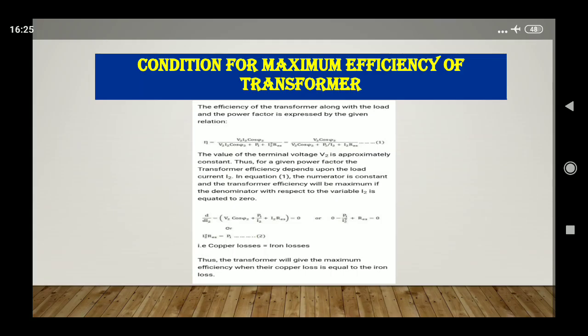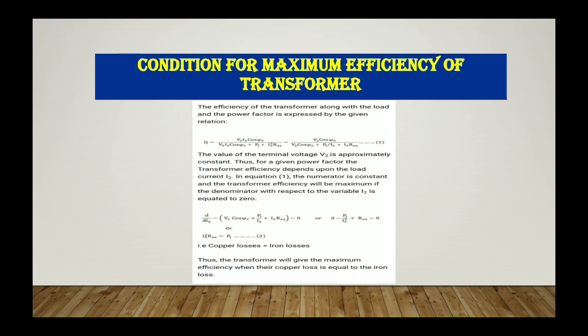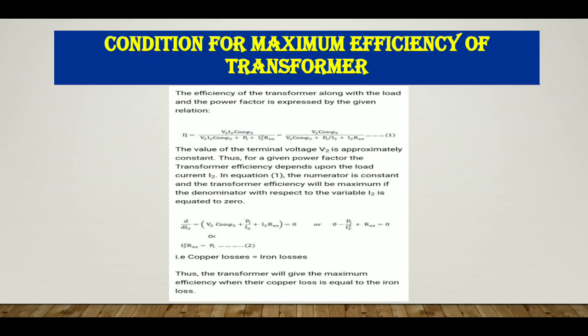Now the condition for maximum efficiency of a transformer. When the maximum efficiency can be obtained from a transformer, the efficiency of the transformer along with the load and power factor is expressed by the given relation.